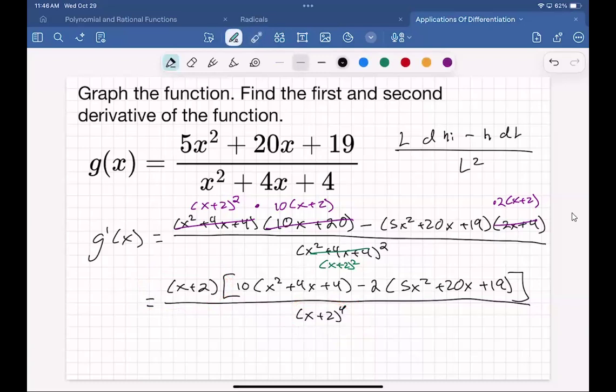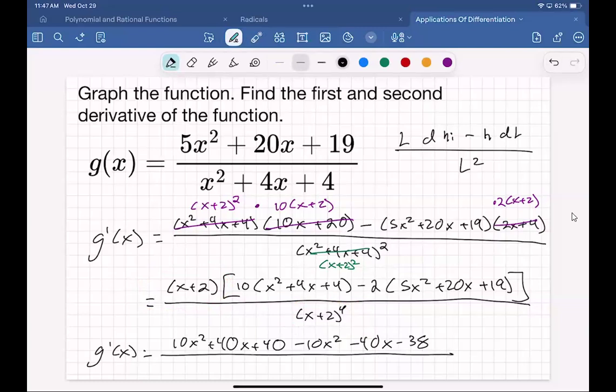So what you'll find here is, to clean this up a little bit, we'll have 10x squared plus 40x plus 40 minus 10x squared minus 40x minus 38 all over x plus 2 cubed. Okay. And what's nice about that derivative, like I said, it's a little work because we had to do the quotient rule, but what's nice about the derivative?